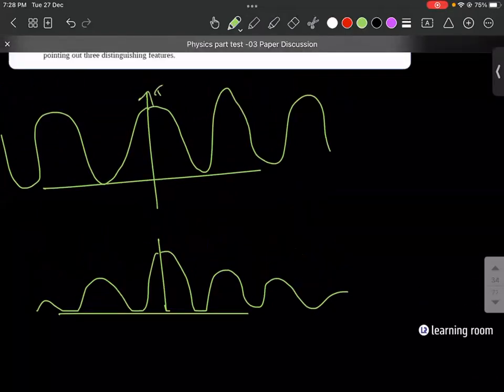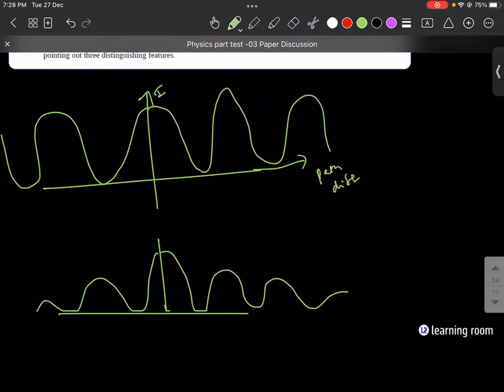This is there in the textbook, have a look at it. This is distance, and this is intensity.